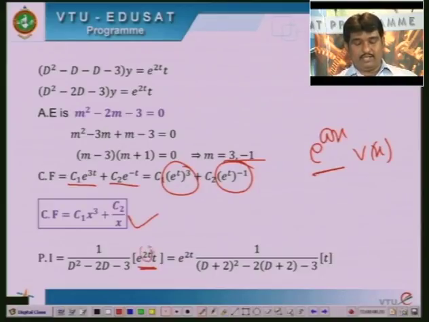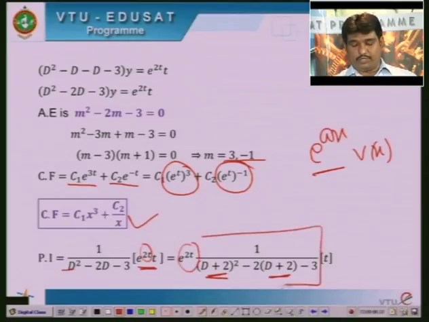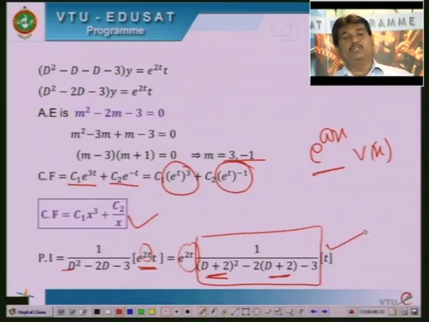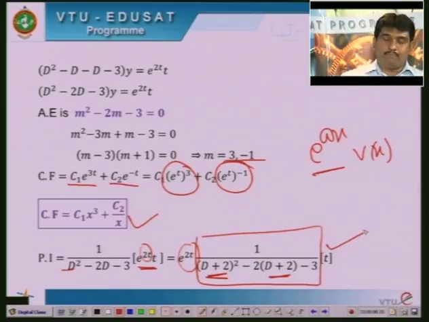Identify a is 2 here. So replace D by D plus 2 whole square minus 2 times D plus 2 minus 3. So this is outside the operator now. This operator operates only on t. So type 4 got converted into type 3.